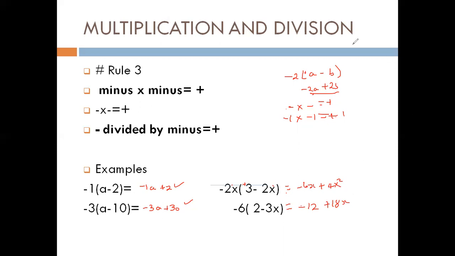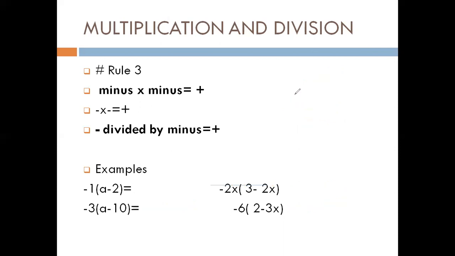Okay, let me also demonstrate how we divide these ones. Let's say we have a division. We're saying minus 3 open bracket 4x plus 5, and they are saying divide this one by minus 4. Let's say this is minus 4, then this is 3 minus 5x. What you do, division is very simple.